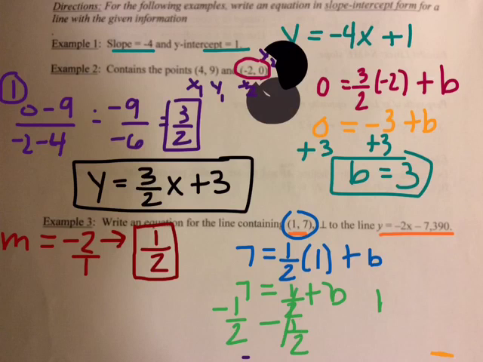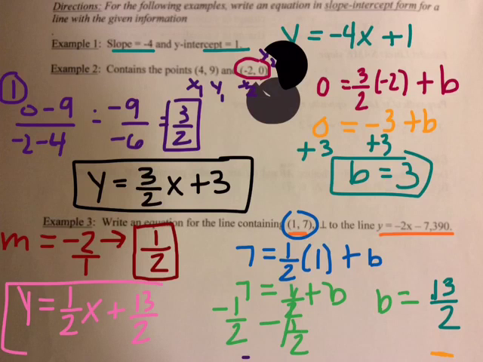Cancels. So we end up with b equals 7 minus 1/2, which is 13 over 2. Keep it as an improper fraction. So our equation of our line is y is equal to our slope, x, plus our b, 13 over 2. And there you go.